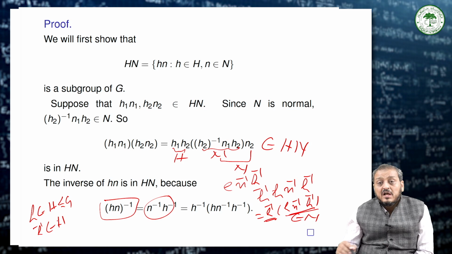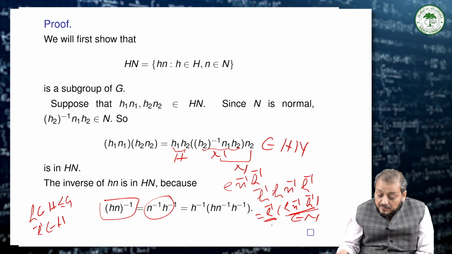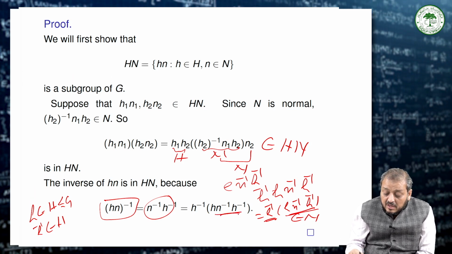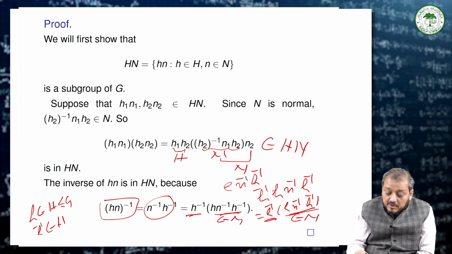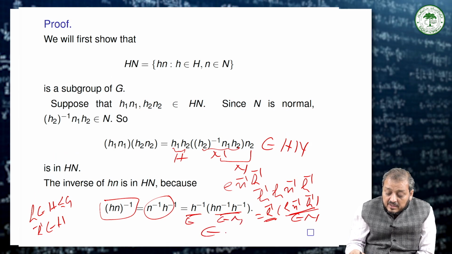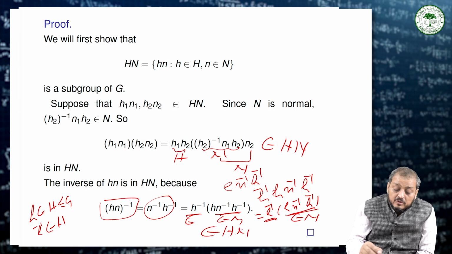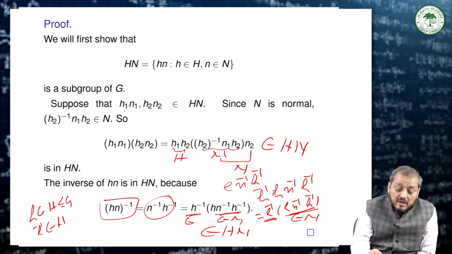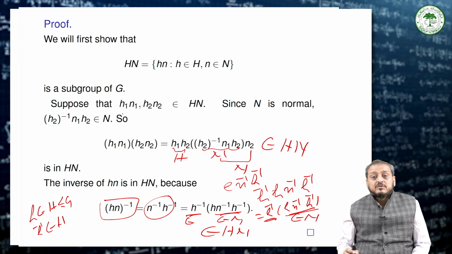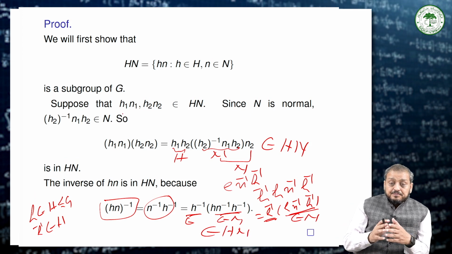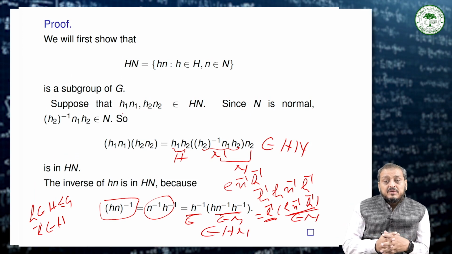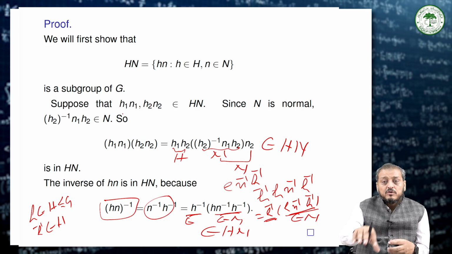So if h inverse is also an element of H, this means this completely is an element of HN. So we have to show that if we take any two elements from HN, then their composition again belongs to HN.